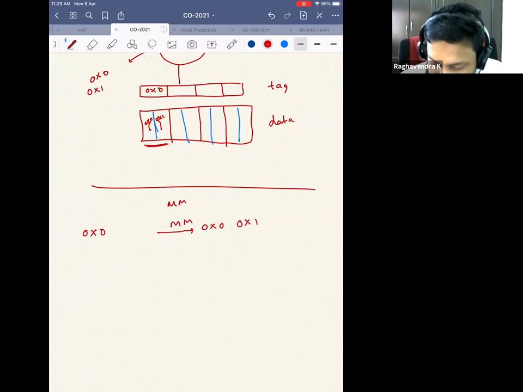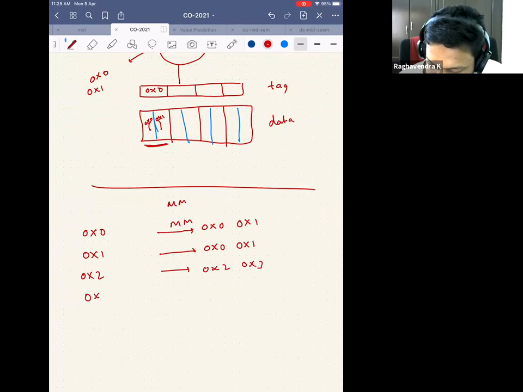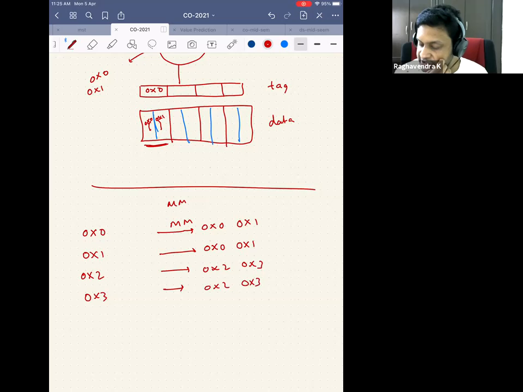If it is 0x1, I will again go and fetch 0x0 and 0x1. But if it is 0x2, I will go and fetch 0x2 and 0x3. If it is 0x3, I will go and fetch 0x2 and 0x3. So I'm always fetching a boundary, or I'm fetching the multiples of 2. That's what I'm doing here.